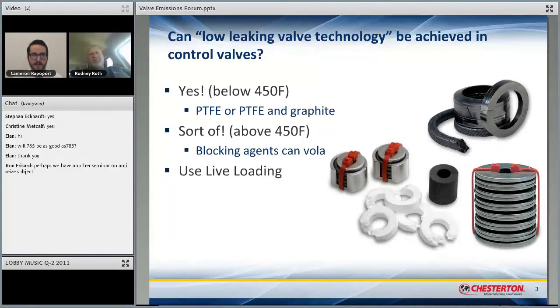Well, the use of OGI technology is not ever going to become an integral part of LDAR programs, because the best OGI technicians in the world cannot see below about 450 parts per million.